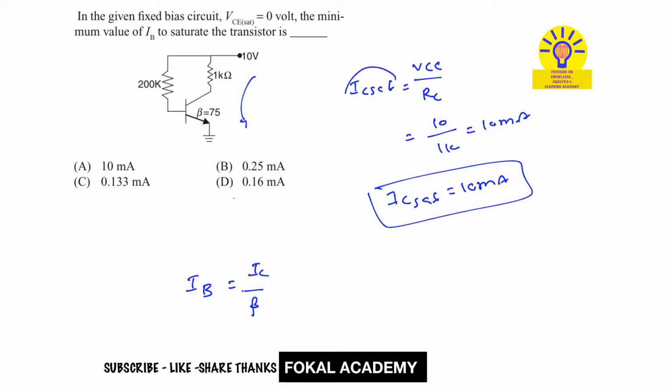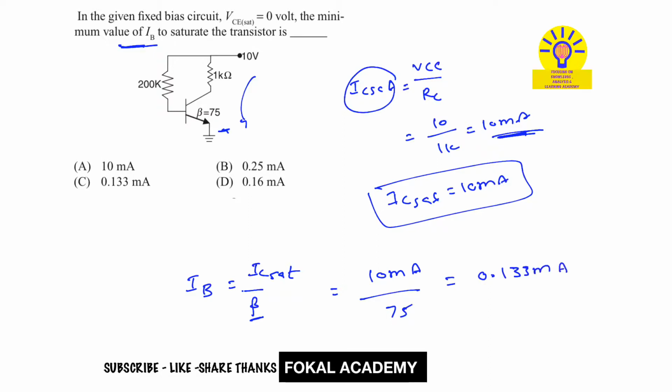Because we want the base current at saturation, IC saturation is 10 milliamperes, divided by beta, which is given as 75. Using a calculator we get 0.133 milliamperes. So from the options, option C is the correct option for the given problem.